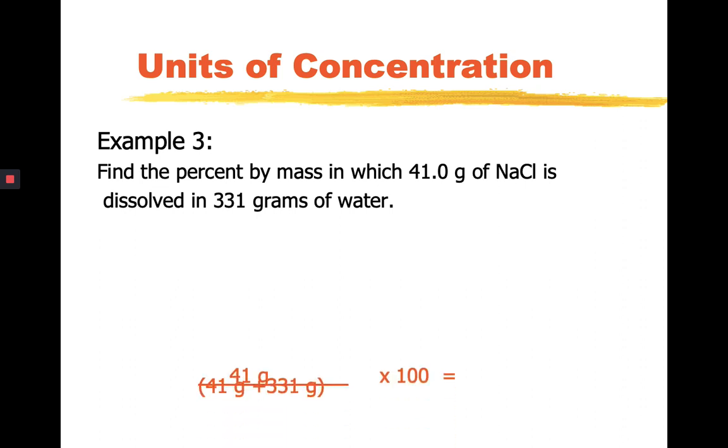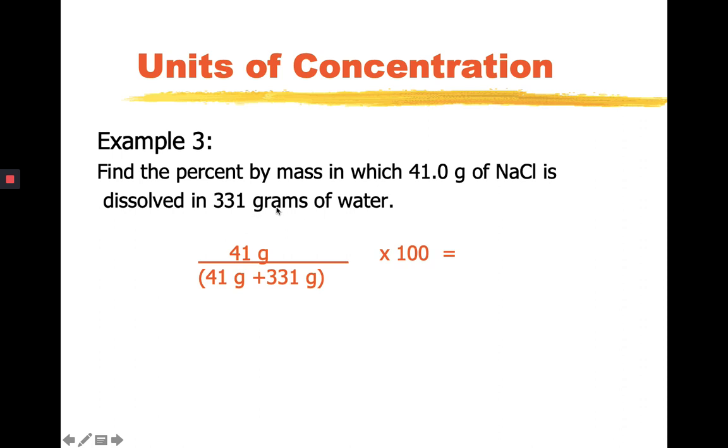No, because you have to add the mass of your solute and the mass of your solvent to get the mass of your solution. So our equation will be 41 grams over 41 grams, the mass of sodium chloride, plus 331 grams, the mass of water, times 100. In that way, we get the answer of 11% sodium chloride in that particular solution.